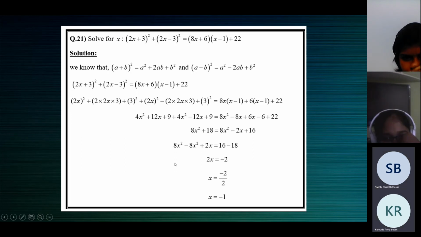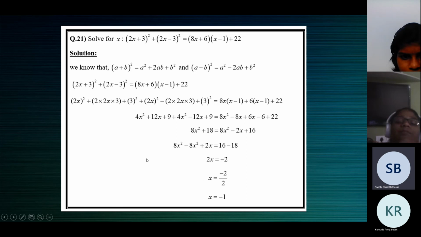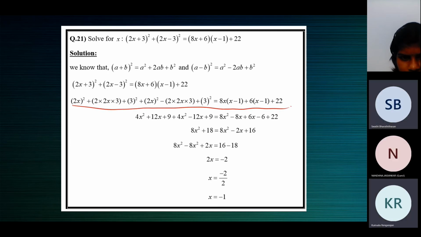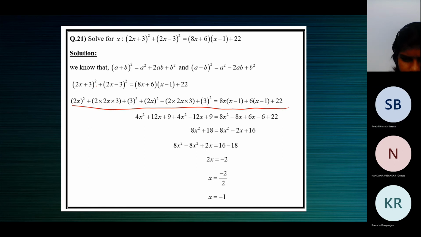Ma'am, I can't understand the first and the third step, ma'am. Which one? The first step, this one, no? Ma'am, the algebraic identity. I understood how the a square and b square came, ma'am, but I don't understand how the 2ab came.